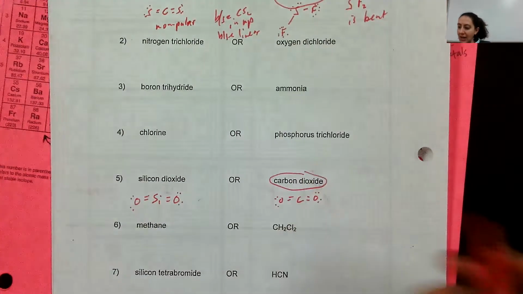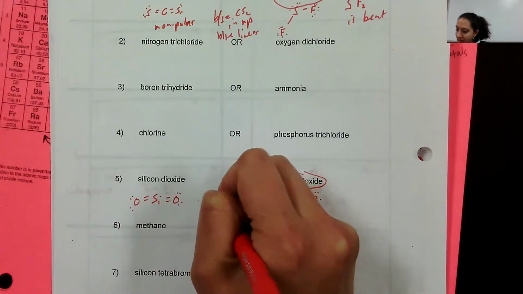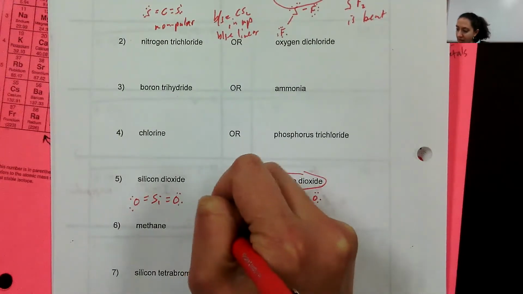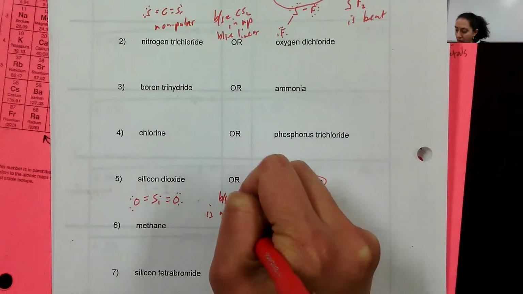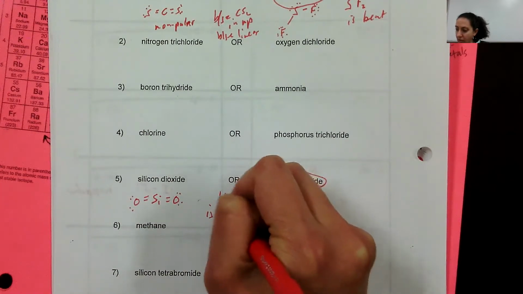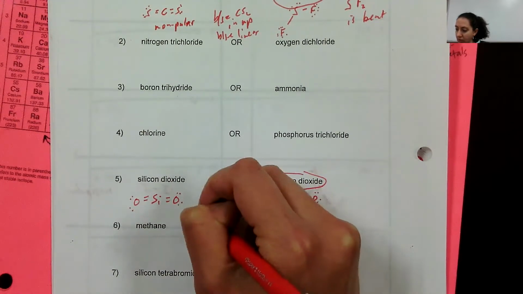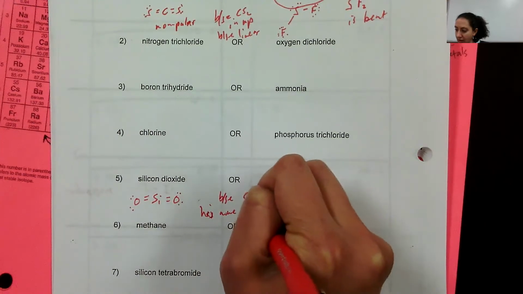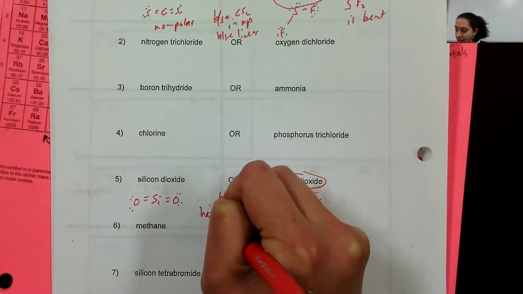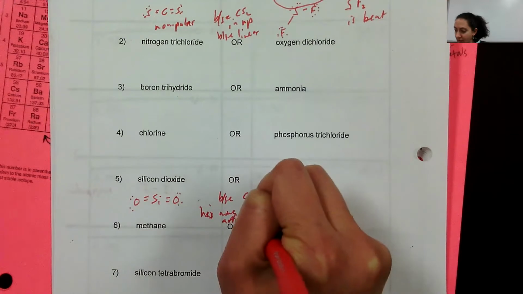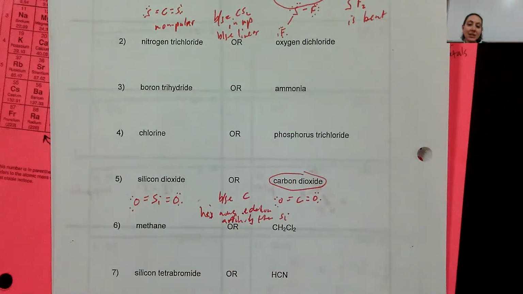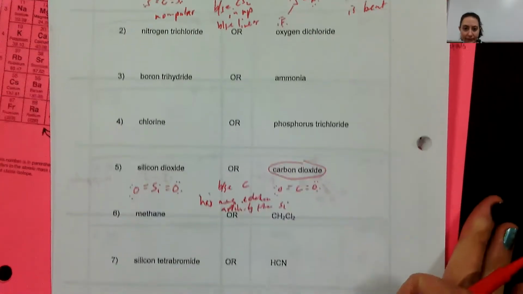So it's going to be carbon dioxide because carbon has more electron affinity. So when you get a tiebreaker like this, you have to go with that.